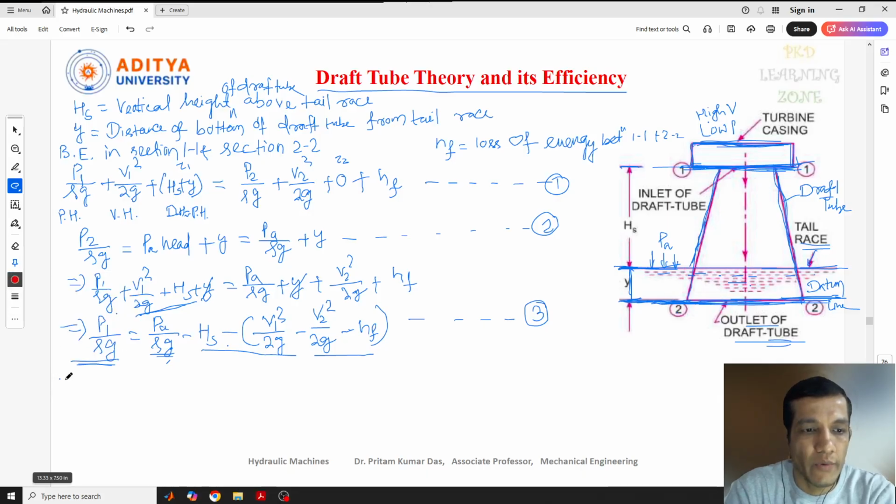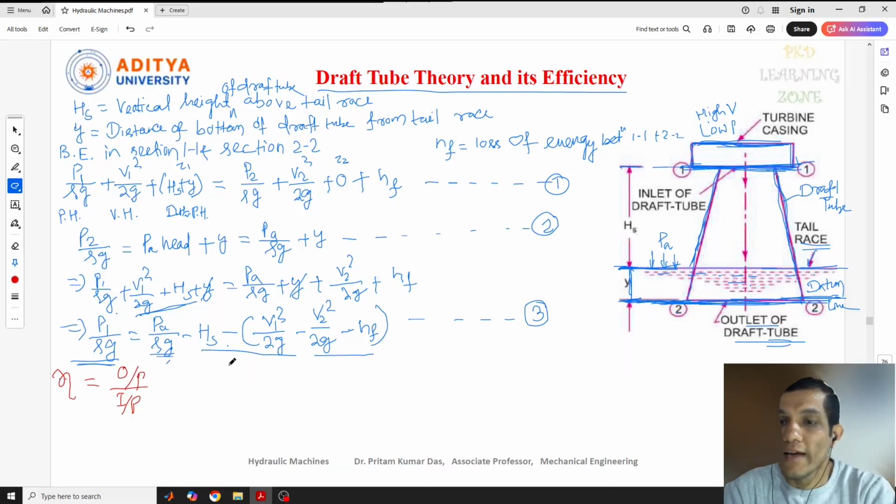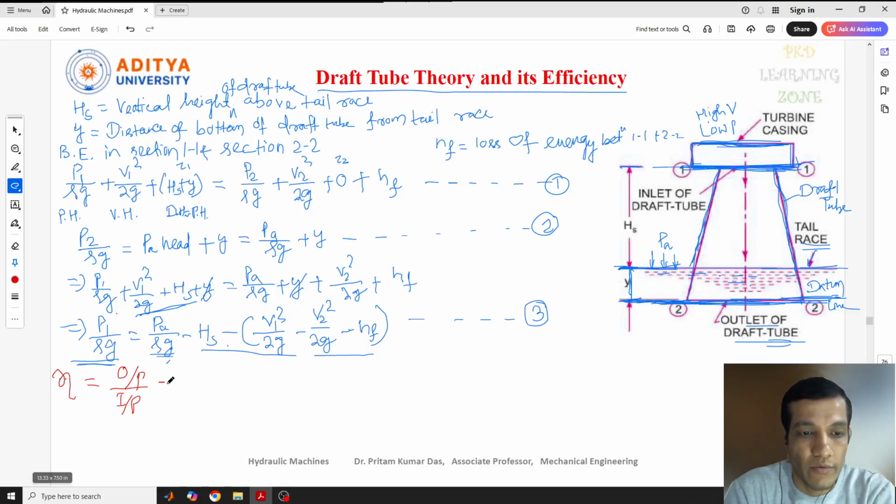So for the efficiency part, we basically define efficiency in terms of output by input. We know the formula, but the efficiency of the draft tube is defined as the ratio of the actual conversion of kinetic head into pressure head.